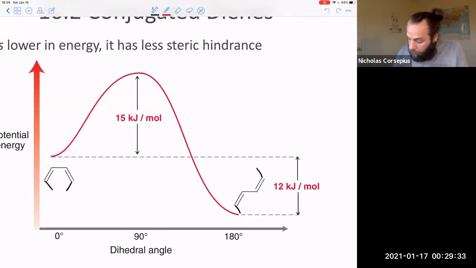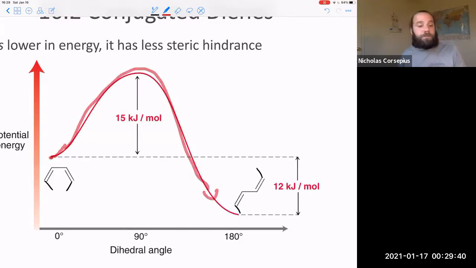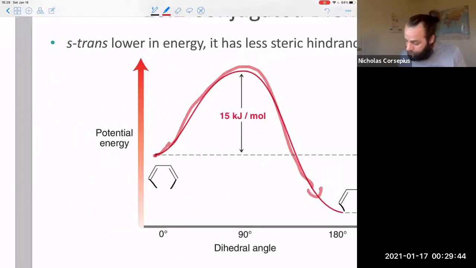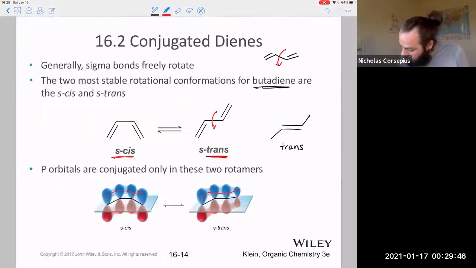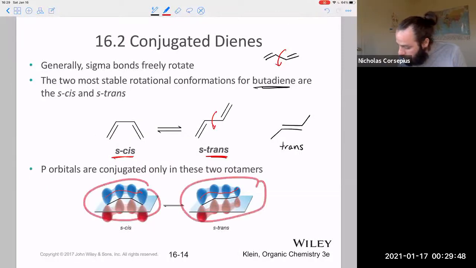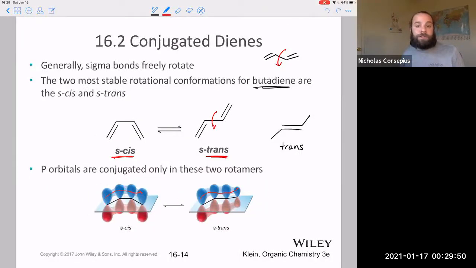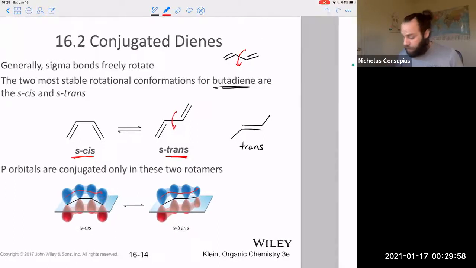Interestingly, and this is what we're going to talk about now, there's this big energy hump that has to be overcome in order for this rotation to occur. Why would that be? Well, again, remember that in both of these conformations, the S-cis and the S-trans, you have conjugation. You have those p orbitals lined up next to each other. But what's going to happen when you rotate about that sigma bond? You're going to have to break that conjugation.